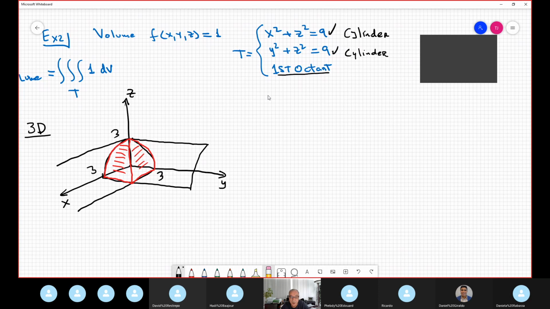I see something important: the z is common in both equations. Isolate z squared in both. z squared equals 9 minus x squared, and z squared in the second equation is 9 minus y squared. Put them equal to each other: 9 minus x squared equals 9 minus y squared. The 9 cancels, the negative cancels, and taking the square root of both sides, x equals y.